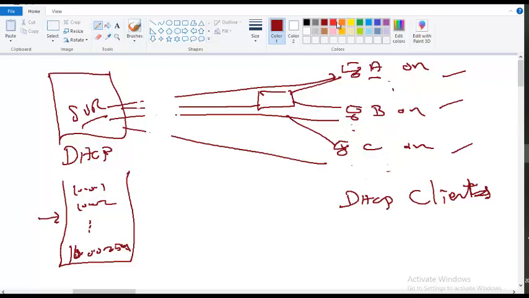These clients will not be able to reach the server because there is a break in the wire. As a user, you will be expecting an IP address for communication, but unfortunately there is a break. Now you call the technician.